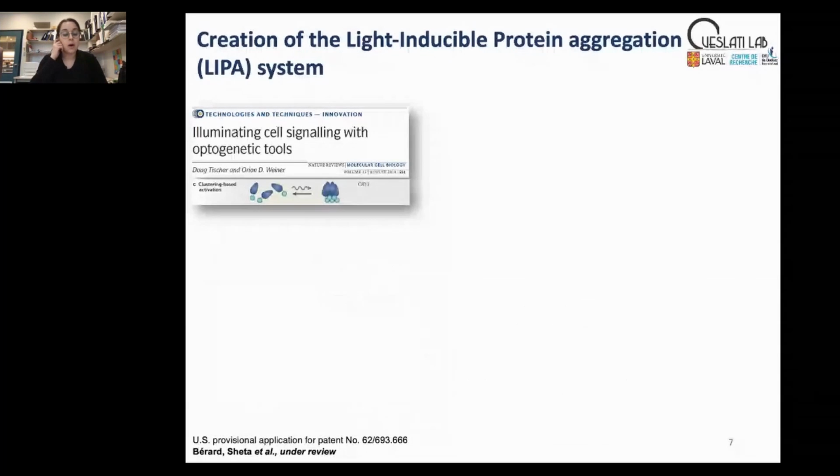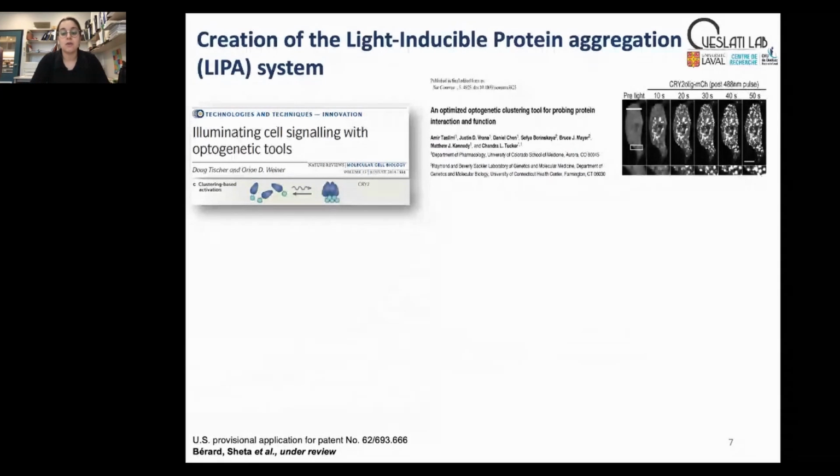Our project and our model is actually based on the application of a photoreceptor from Arabidopsis thaliana called cryptochrome 2, which allows for proper clustering upon exposure to blue light. So we use this Cry2 system, which, as you can see here, forms robust aggregate formation upon light exposure.